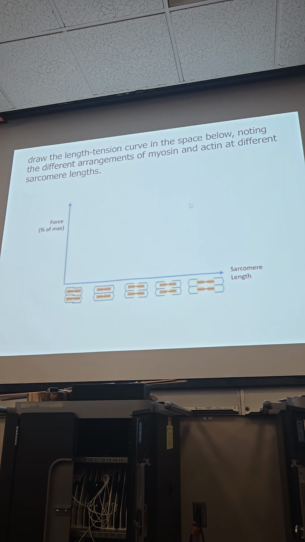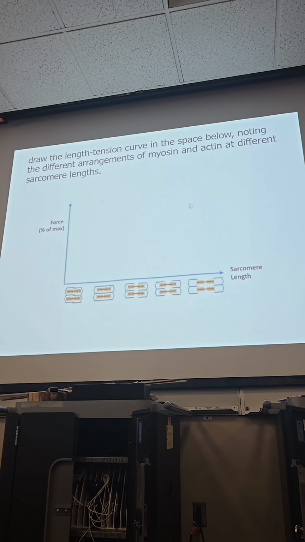I'm just trying to understand this. I don't understand it. Ricky made it more confusing. I guess there's an optimal length right here. Like this is an optimal length.